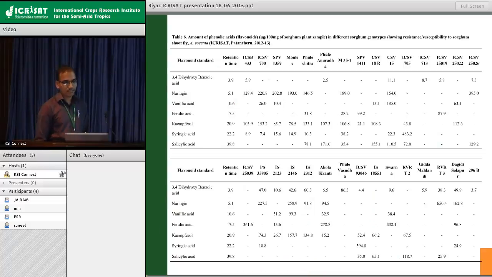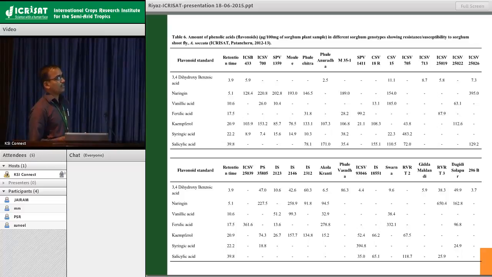In order to identify the flavonoid compounds responsible for shoot fly resistance, we ran a few standards, where we found that the resistant check IS 18551 reports kaempferol and salicylic acid in higher amounts, which are not seen in the susceptible one.